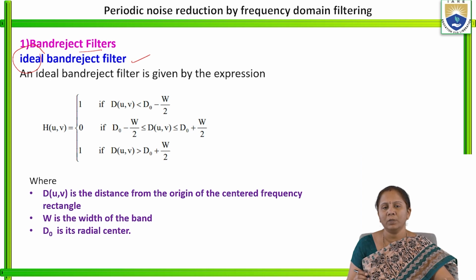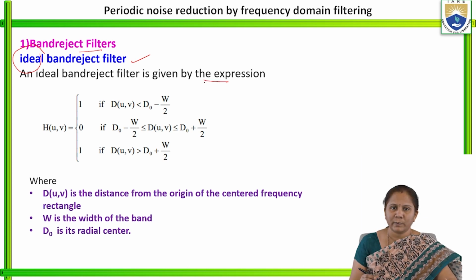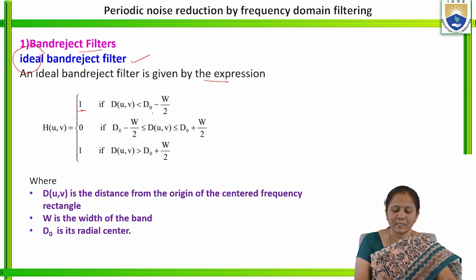That means either it will be 0 or 1. The ideal band reject filter can be expressed as H of u comma v is equal to 1 if D of u comma v is less than D naught minus W by 2, and again it will be 1 when D of u comma v is greater than D naught plus W by 2.